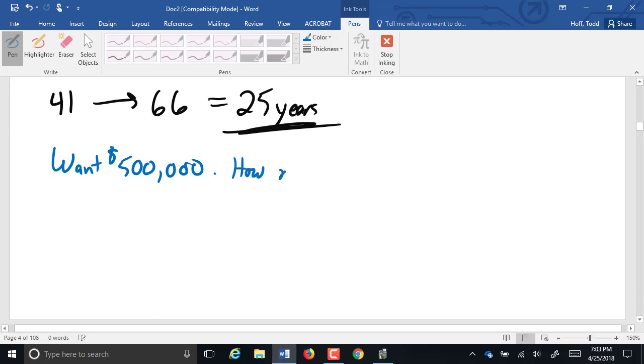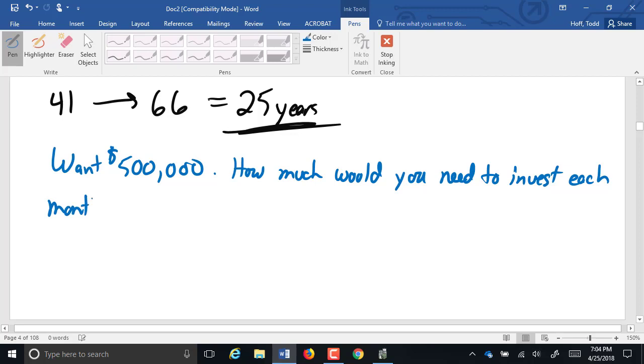How much would you need? Now, assuming you have absolutely nothing right now, how much would you need to invest each month at, let's say, only 9% to reach that value?